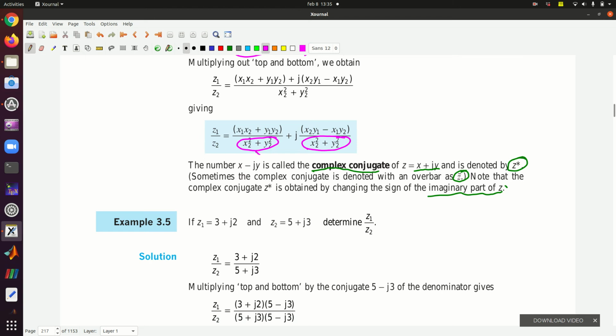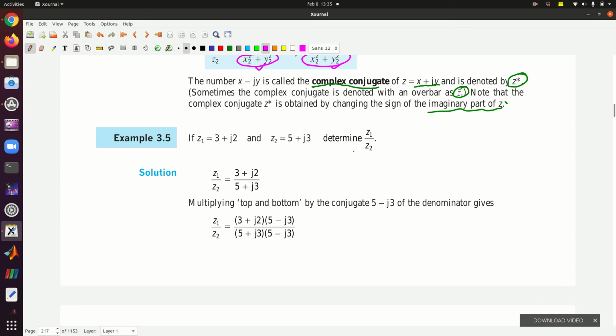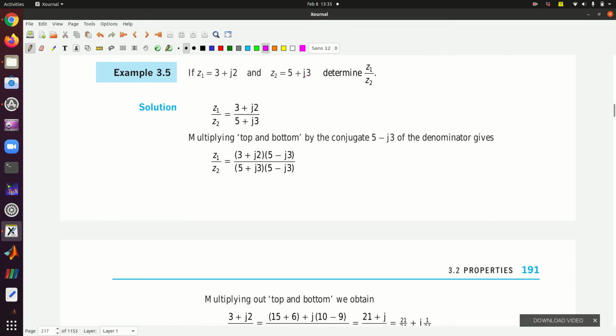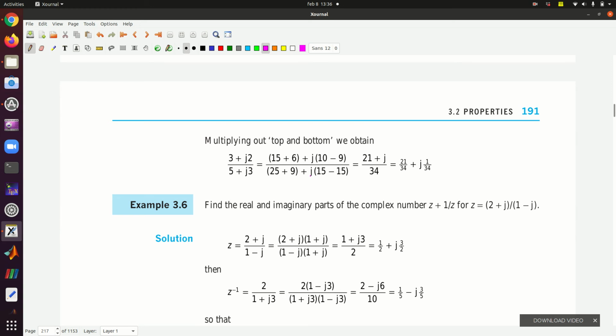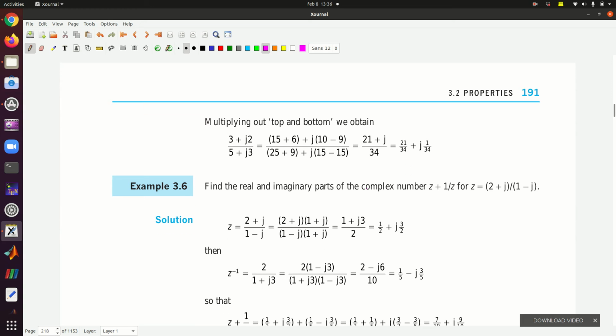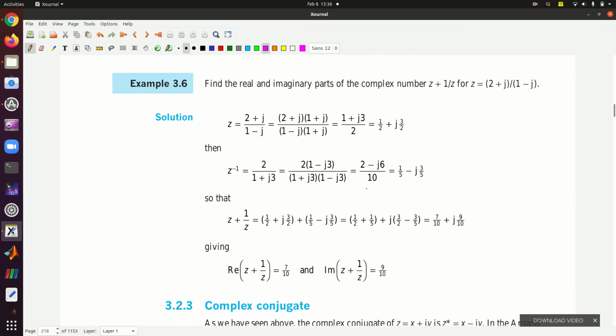An example here is given. If we have z1 and z2, then z1 divided by z2 is that, then you multiply by the complex conjugate of that, which is this. Then you can just follow step by step because the rest of this is just algebra. Then you can answer the rest accordingly.